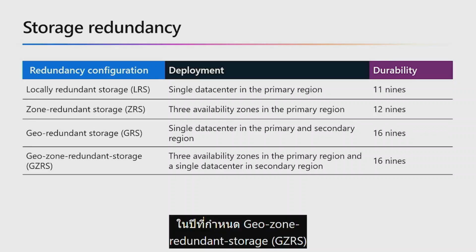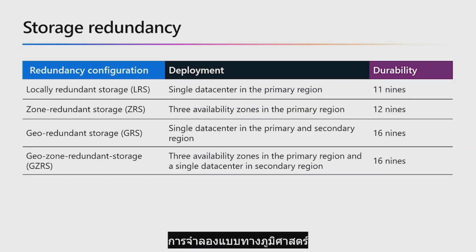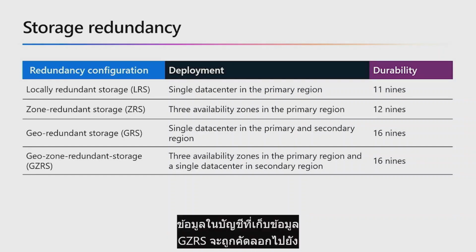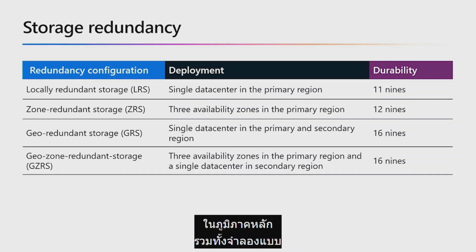Geo-zone redundant storage, GZRS, combines high availability from zone redundancy with protection against regional failures via geo-replication. Data in the GZRS storage account is copied to 3 Azure availability zones in the primary region, as well as replicated to an additional geographical region using LRS for protection against regional disasters.